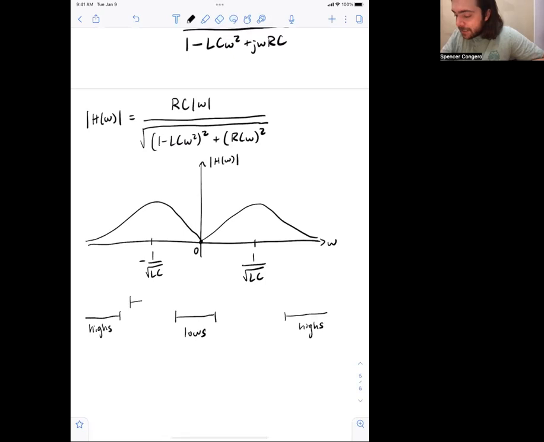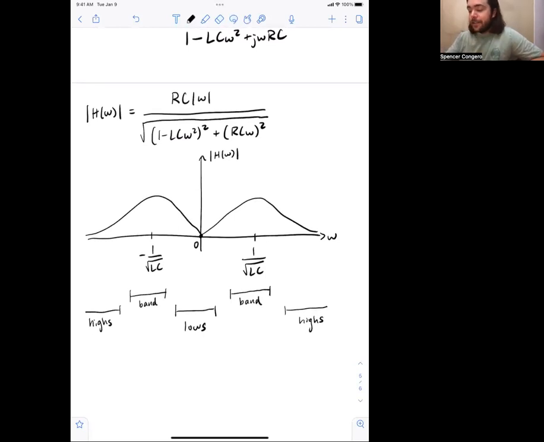And it's just in this middle frequency band where the frequency response is close to 1, or at least larger than at the lows or at the highs. And that's why it's called a band pass filter, because it's passing the frequencies in this range, and it's getting rid of the frequencies that are low or high. So that's why it's called a band pass filter.